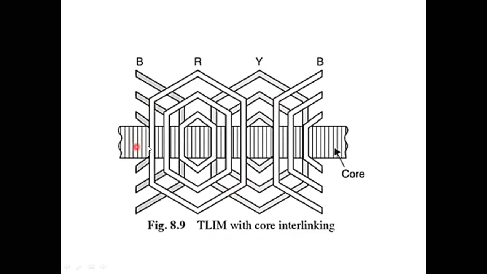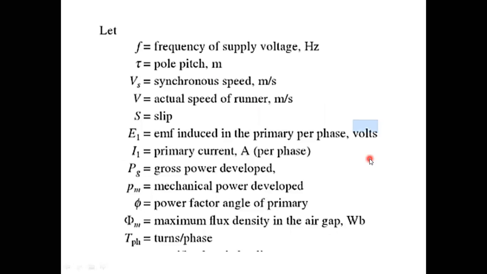Within the slots, within the core of the primary side, the winding is given, and a steel core moves inside. Therefore, this is called core interlinking. This core interlinking has the advantage of reducing the harmonic content.